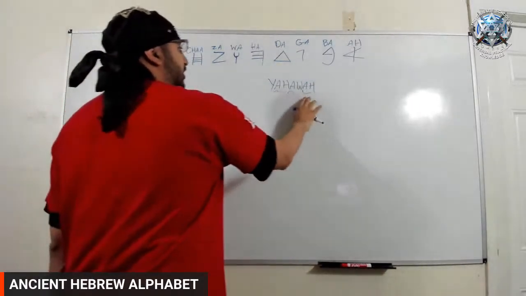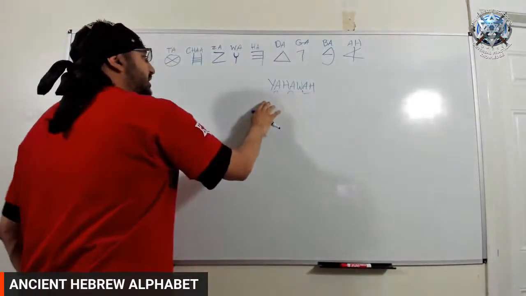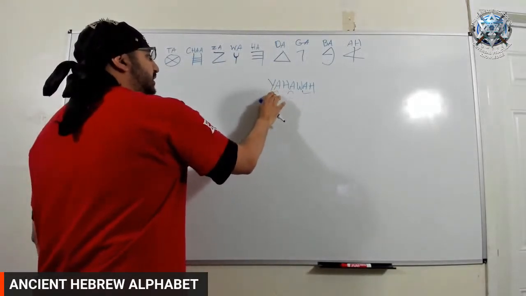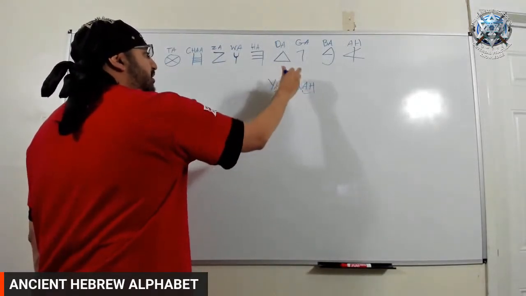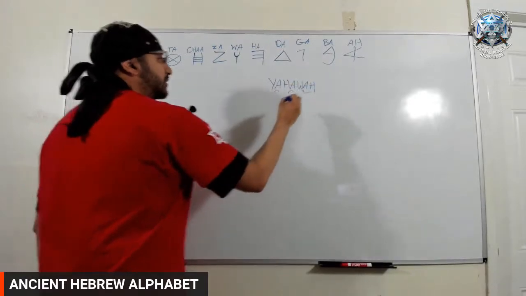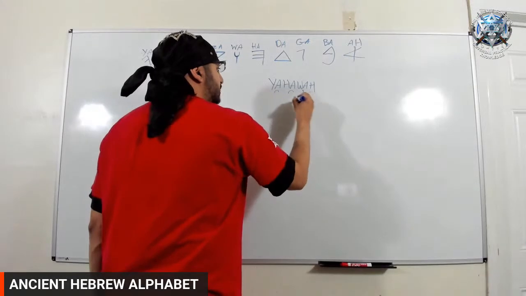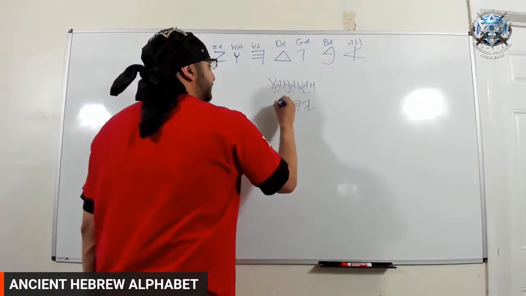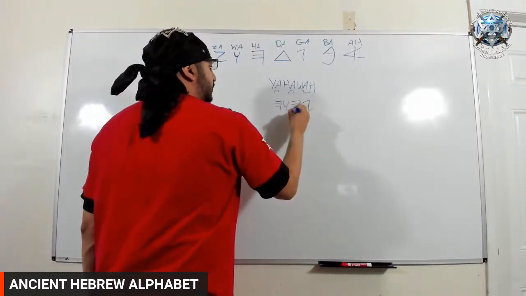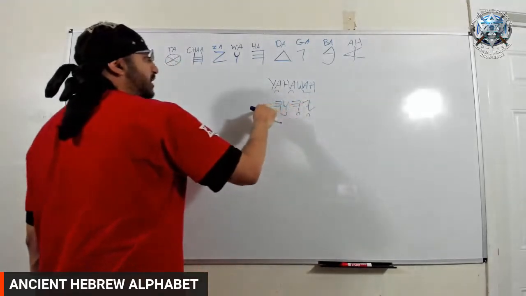And I'm putting these here, and we'll explain more on this as we continue forward. But this allows you to kind of separate the pronunciations from each other. So we're talking about a four-letter name, right? Yahweh, from right to left.